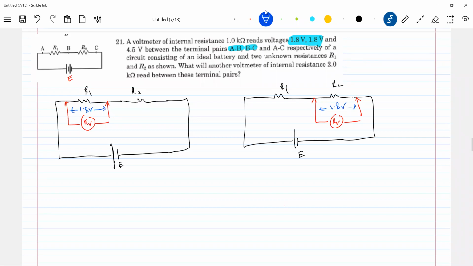So what is the resistance of the voltmeter? It is given. So with this, can you say anything about R1 and R2? They must be equal, no? R1, R2 must be equal.